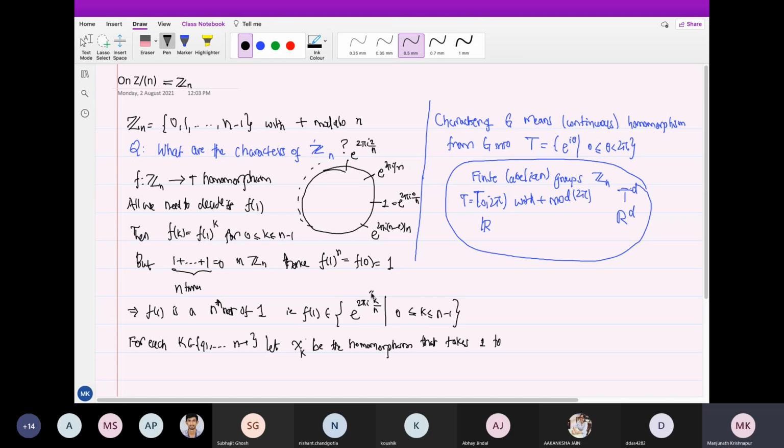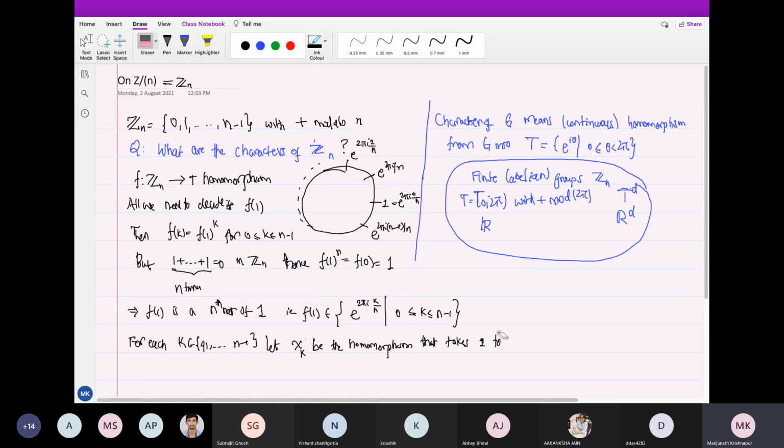So, according to our earlier notation, this is e to the 2 pi k by n, right? This is what this is actually. Well, okay. Did I write like this? What did I write? Anyway, never mind. Let's not worry about that.